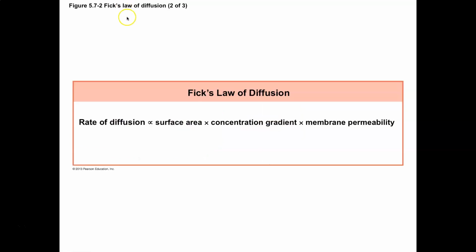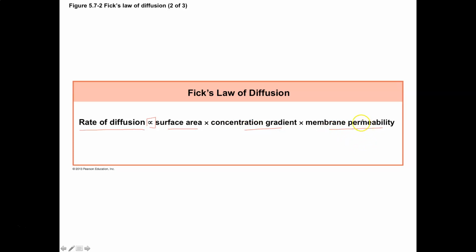To simplify Fick's law of diffusion, we could look at something like this. This is an equation for Fick's law of diffusion, where it says the rate of diffusion, how quickly diffusion is going to take place, is proportional to surface area, concentration gradients, and membrane permeability.